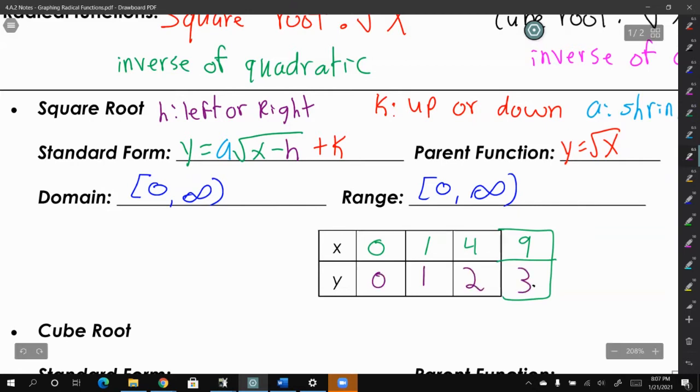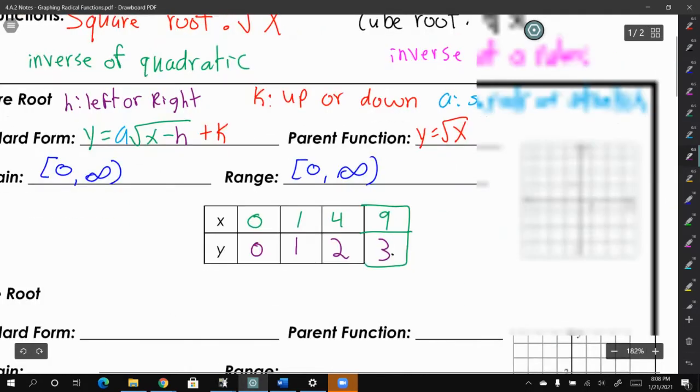I know this may not make sense that your x values are going up the way they are, 0, 1, then adding 3 to 4, then adding 5 to get to 9. But the reason why we're using those x values in our table is because you can take the square root of each one of those numbers and get a whole number answer.